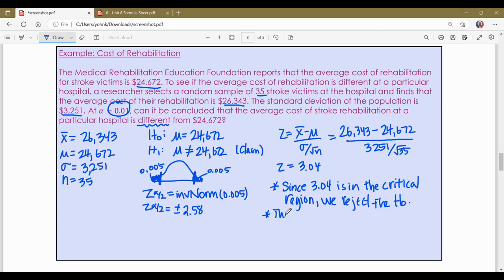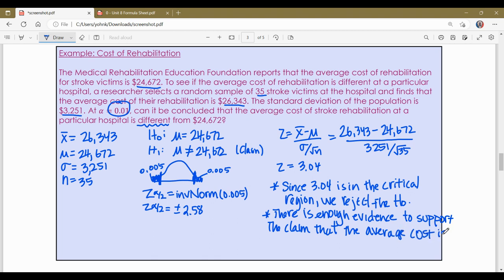So our sentence: there is enough evidence to support the claim that the average cost is different than 24,672.